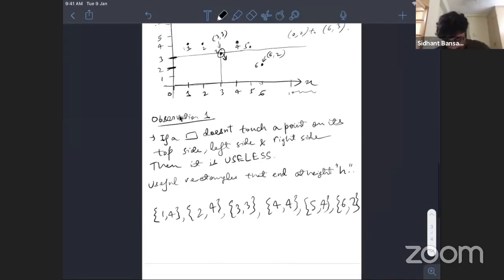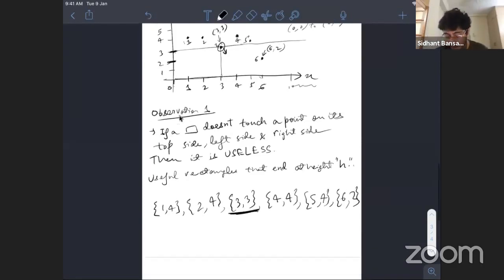If this is the vector and this is our bottleneck, how much to the right can we go? We can go to the right up till the point we find a coordinate whose y is smaller than ours. So our y is 3. If we find a guy whose y is smaller than us, then we stop. So we stop here.